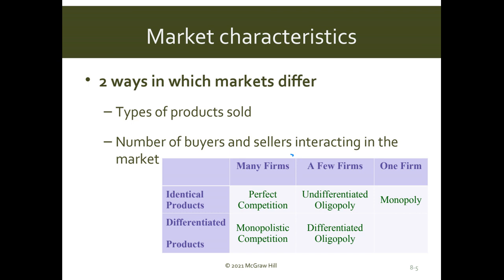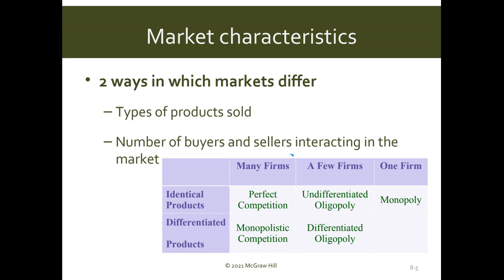For example, jewelry shops. Now, in jewelry shops, you don't expect to see the same jewelry in each shop. You have different designs, different qualities, slightly different prices as well. So yes, we have a large number of jewelry shops, and each jewelry shop is selling a slightly differentiated product.